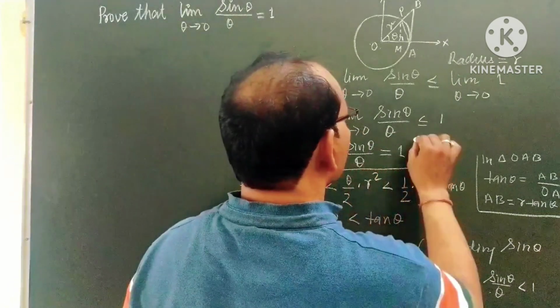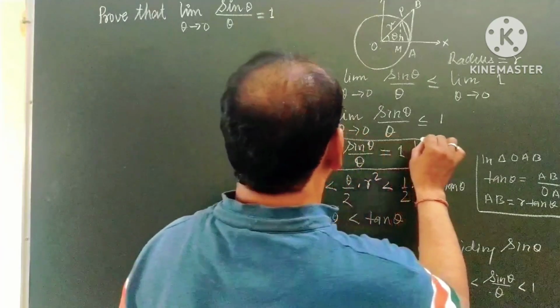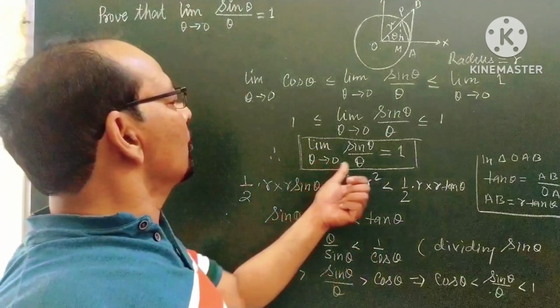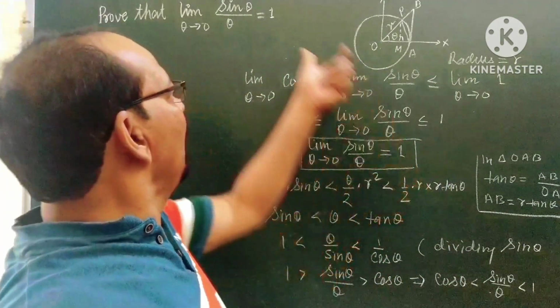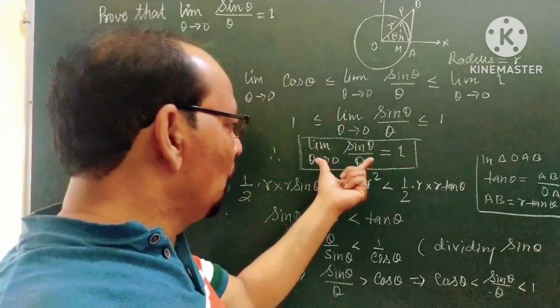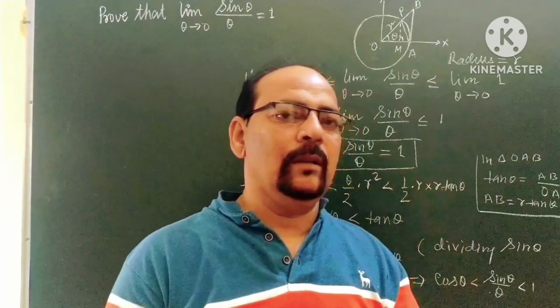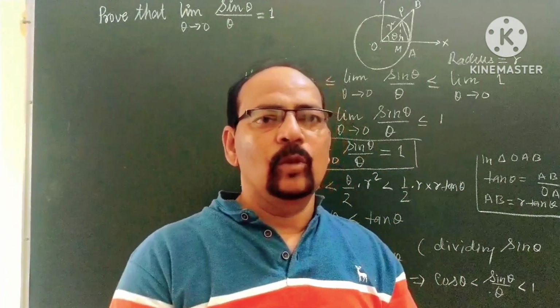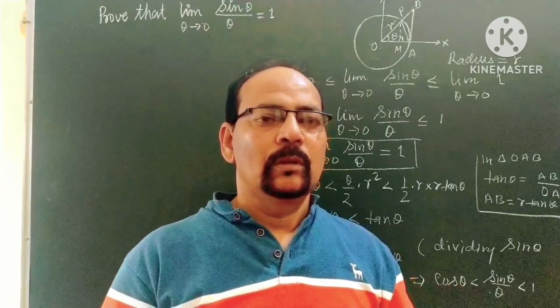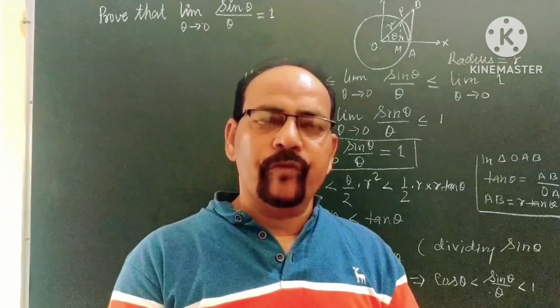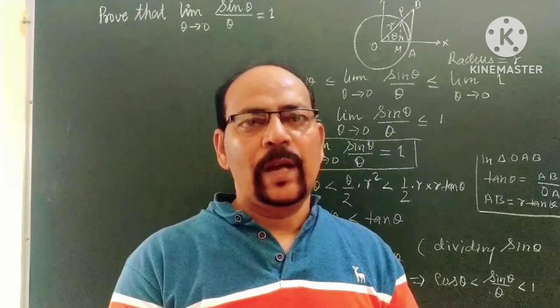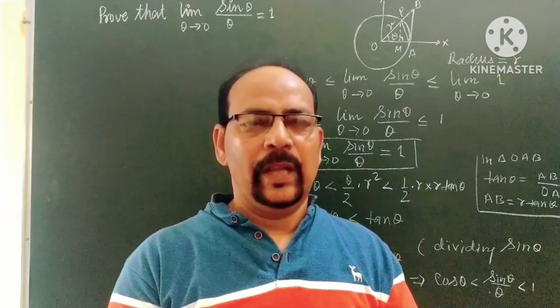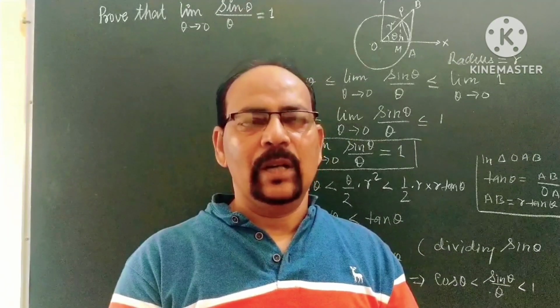Therefore, limit theta tends to 0 of sin theta by theta equals 1, hence proved. Note that this is a very important formula, and it applies to different types of trigo functions when we want to find the limit of those functions. Therefore, this formula is very important.